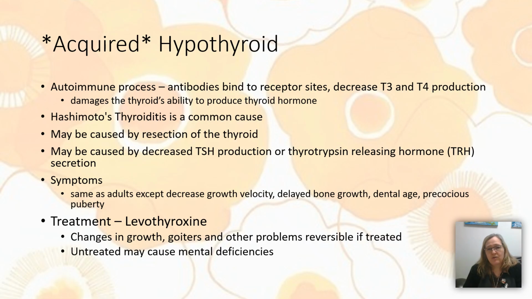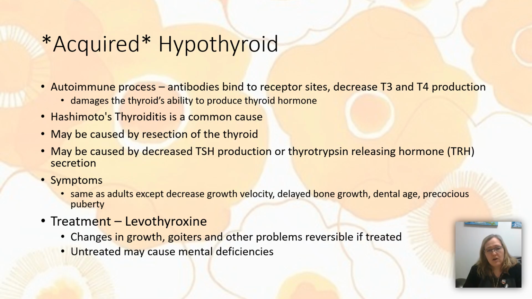And so now the body attacks the thyroid itself in this case. So the antibodies bind to the receptor sites and decrease the production of T3 and T4. And this interferes with the thyroid's ability to produce thyroid hormone. So Hashimoto's thyroiditis is the most common autoimmune process that affects the thyroid.